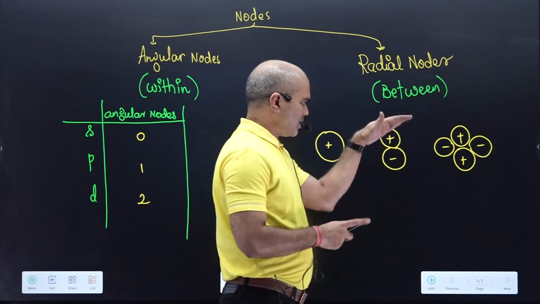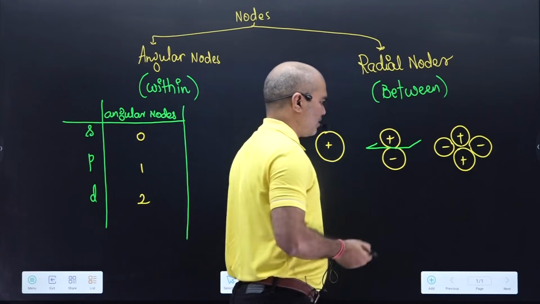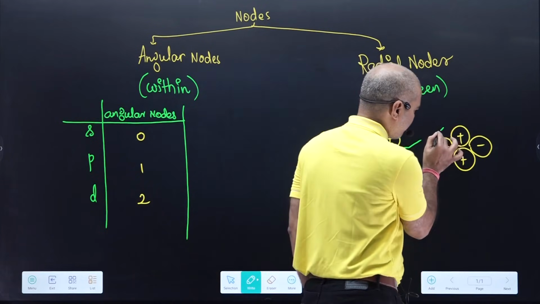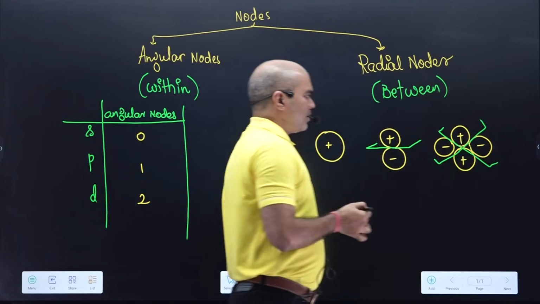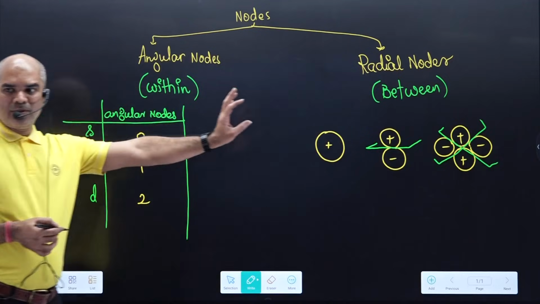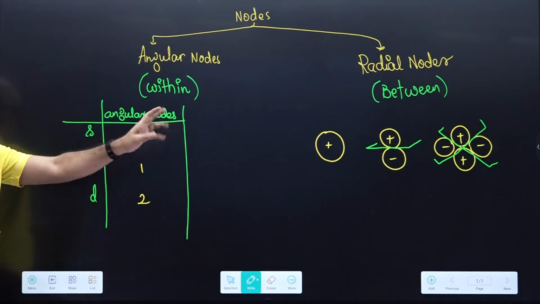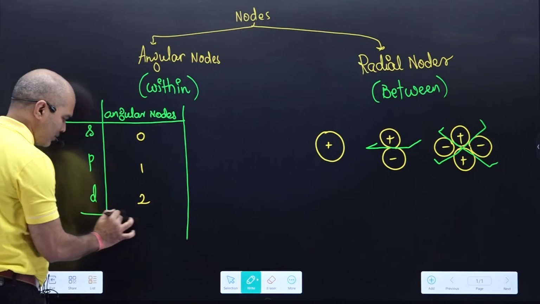In this there is a phase difference, plus and minus, so I find a nodal plane. In this case, between plus and minus and plus and minus, so there are 2 nodes. These are only angular nodes. Whatever I am speaking about is angular nodes. So s, p, d: 0, 1, 2.